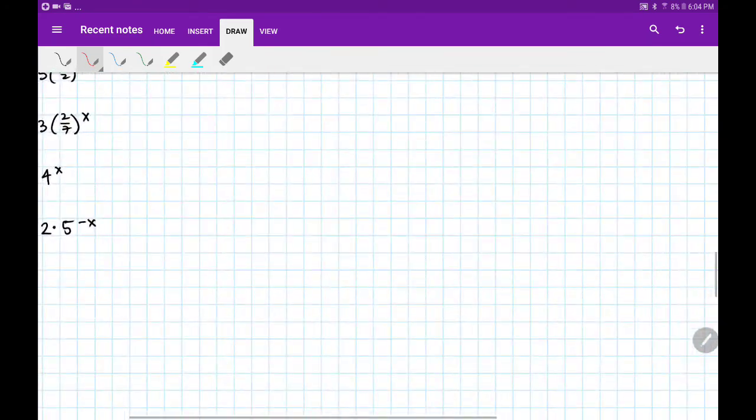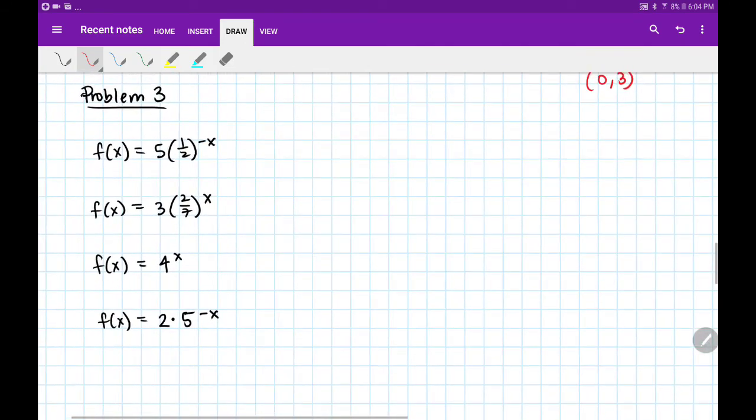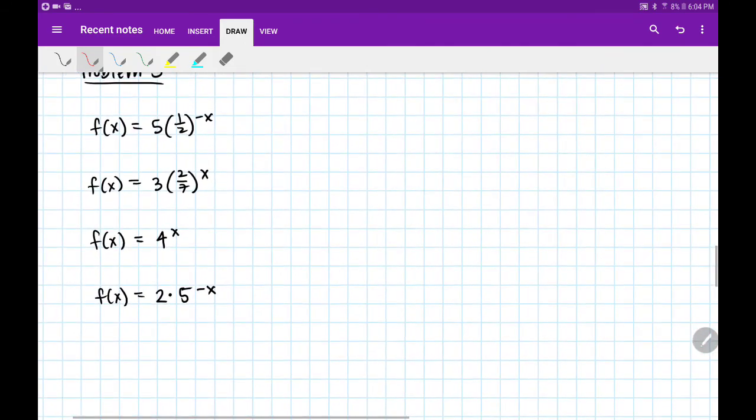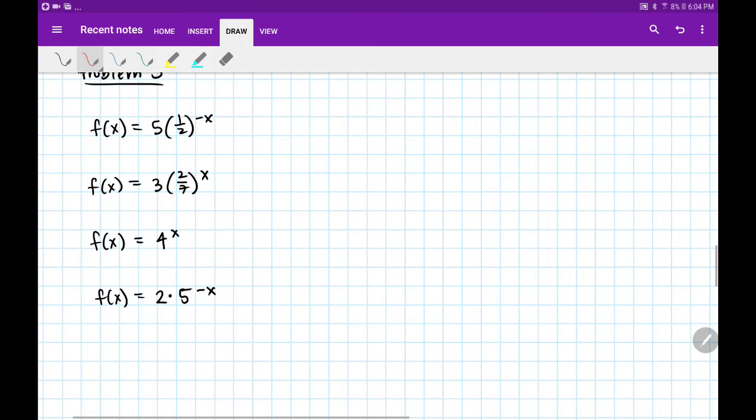All right, next problem. For these, we're just asked to identify growth or decay. So again, we're looking at the base, except when we have a negative exponent. Look ahead, where are our negative exponents? There they are. We're going to have to rewrite those and then look at our new base. So let's rewrite these.